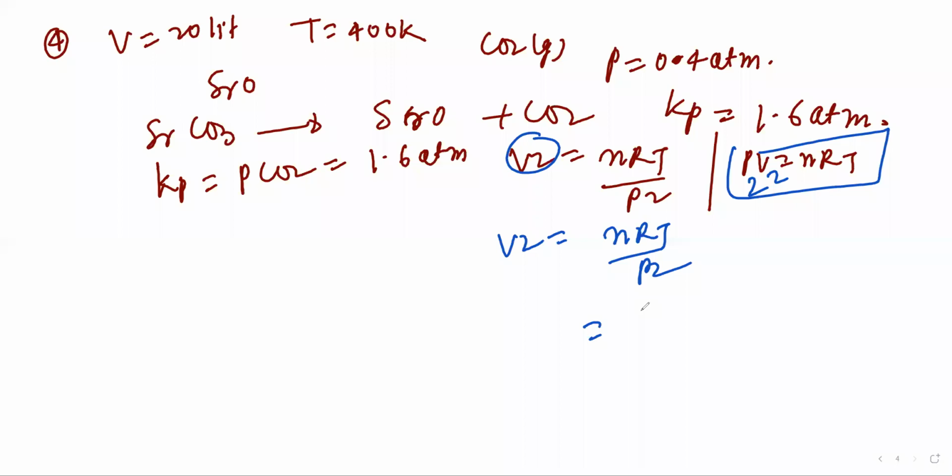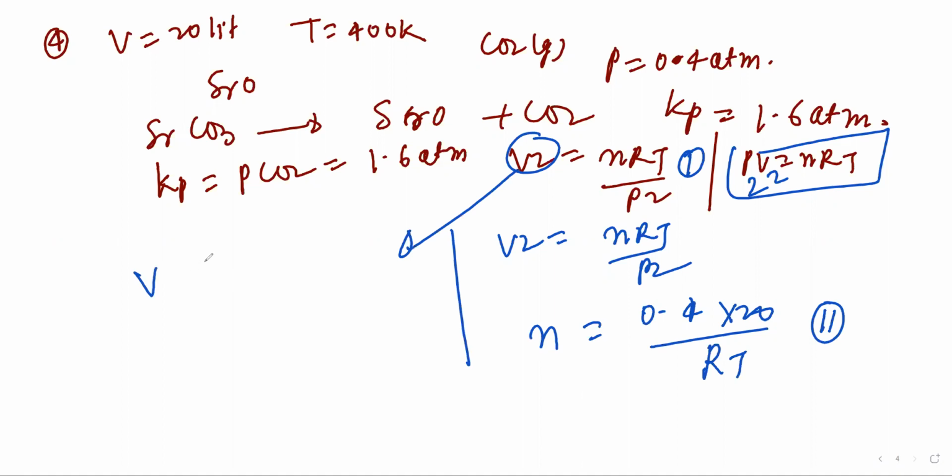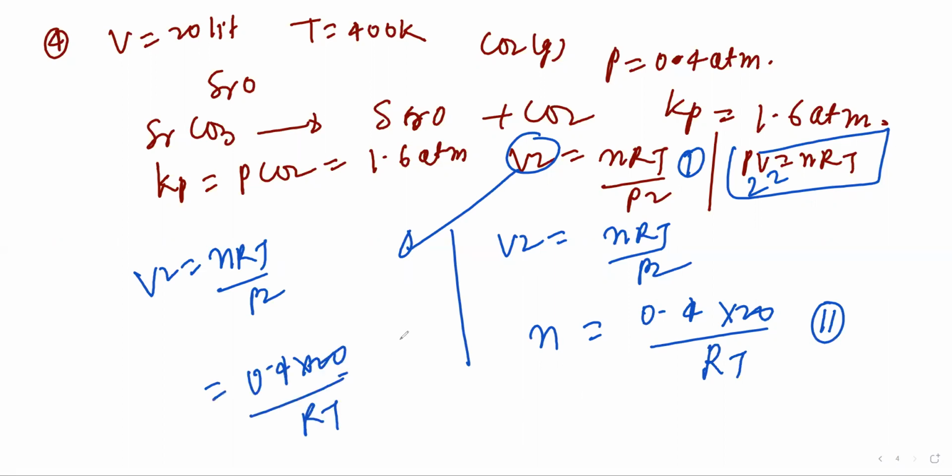So it is 0.4 into 20 divided by RT. We are just finding the number of moles. This is your equation 1 and this one is your second. Now from 1 and 2, V2 is nothing but nRT by P2. Instead of n, we put 0.4 into 20 upon RT, and write the remaining part also, RT upon P2.